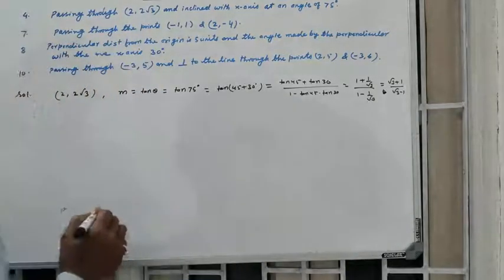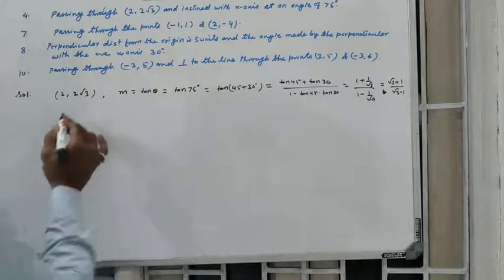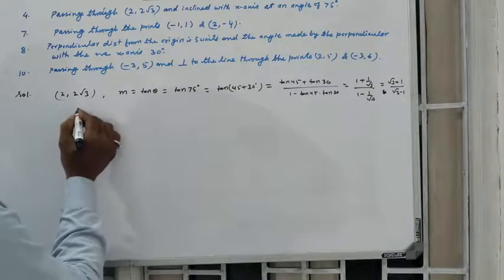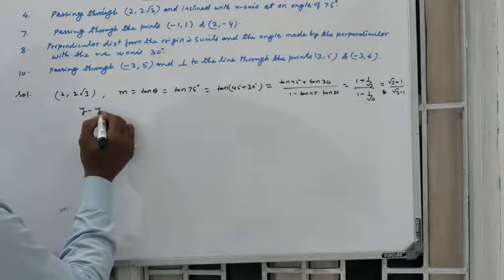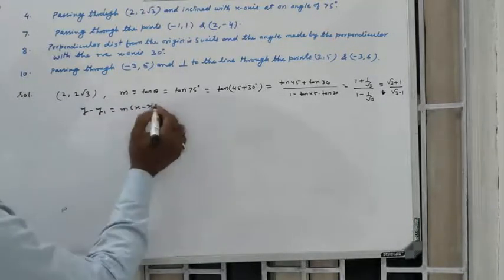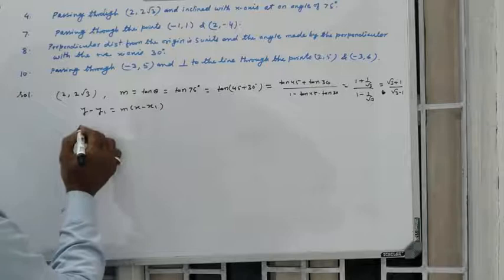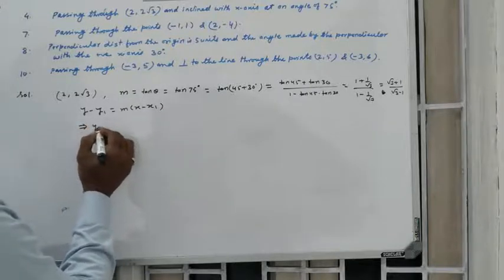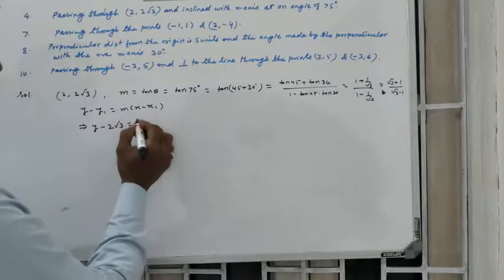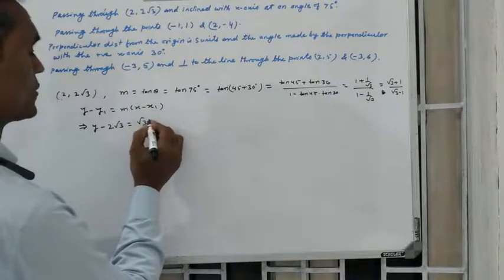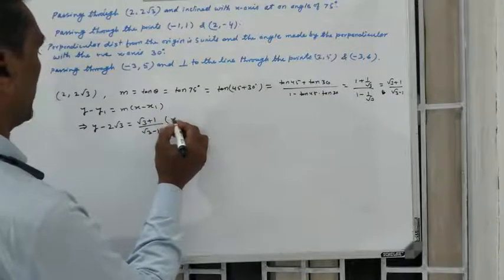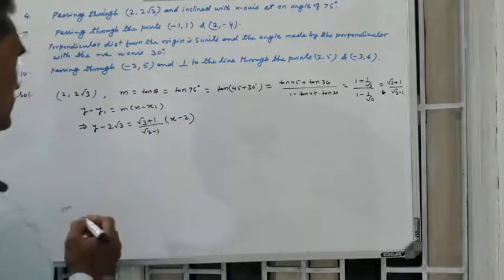This is the slope of the line and point is given. So here we can apply slope point form. Slope point form is, that is y minus y1 is equal to m into x minus x1. Now put the value. y1 is here 2 root 3 and slope root 3 plus 1 by root 3 minus 1 and x minus 2.